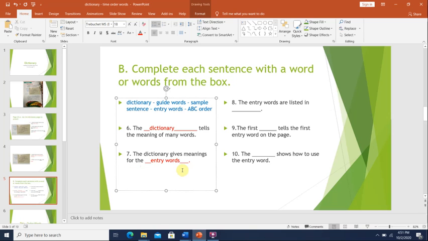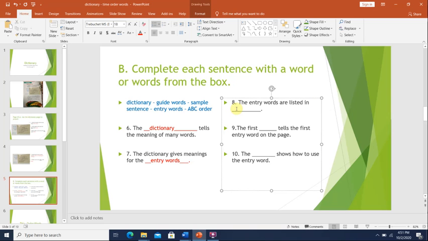And I hope you guys remember from last year. When we open a dictionary and we want to find the definition of the words, how will we know where to find them? Because we know that the entry words are listed in ABC order. So if I want to look for the word peanut, I go ABC.